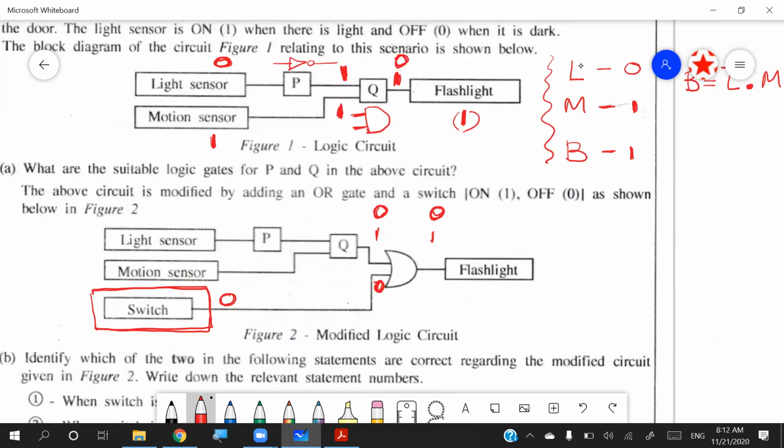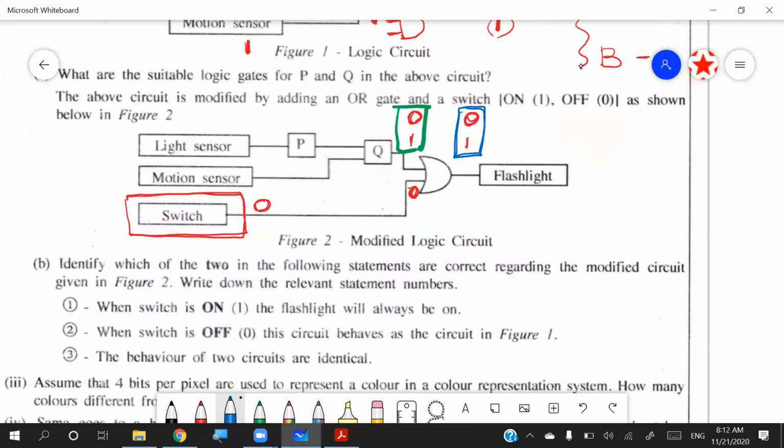So the same scenario goes here, and it will affect the final output as well. So when the switch is off, it acts the very same way as the previous circuit. The behavior of the two circuits is identical. And now that is going to be quite a problem, because it is not identical.